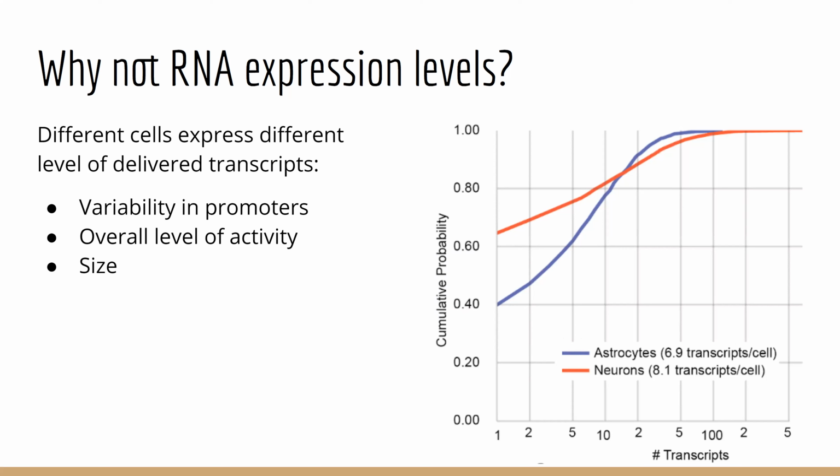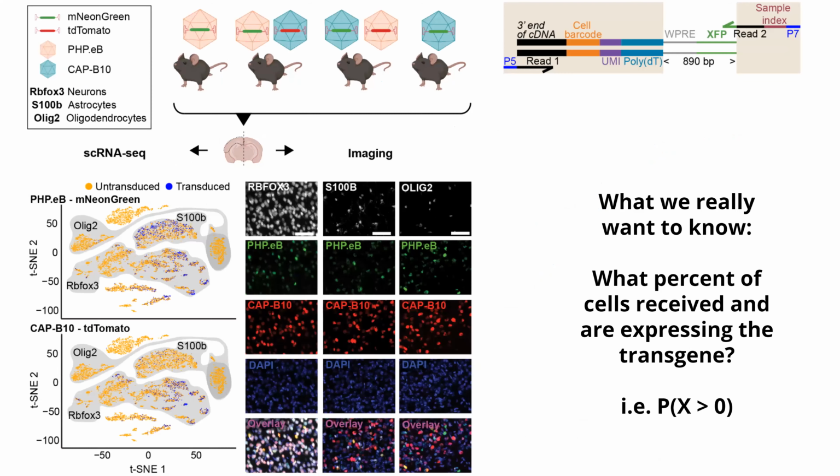So if you were to base your claim about where your gene is being delivered most on mean RNA expression level, you would conclude that this virus is hitting neurons primarily, when the truth is that in terms of how many cells are actually being hit by it, it's astrocytes. So this is why it's important to establish this probability X greater than 0 as opposed to these mean expression levels.